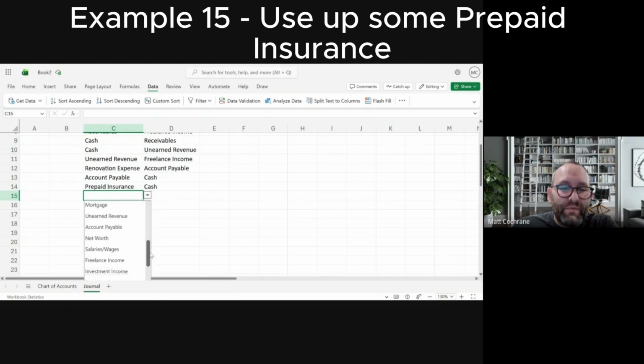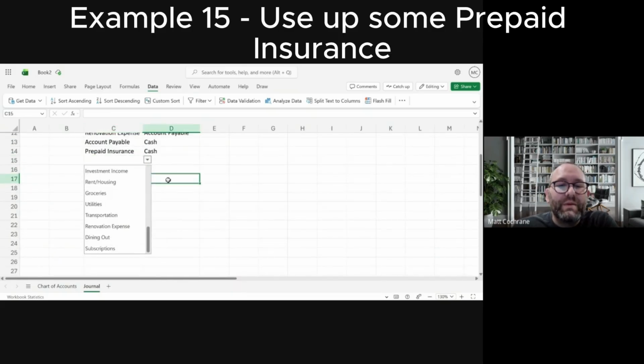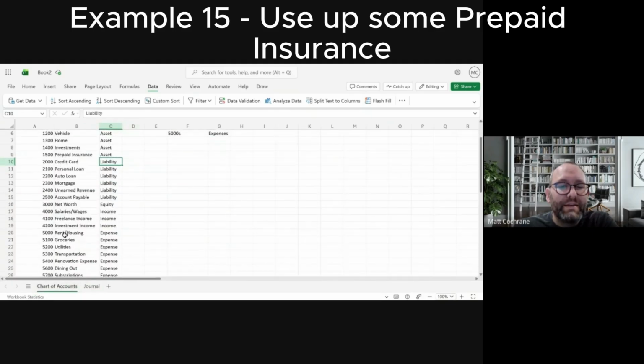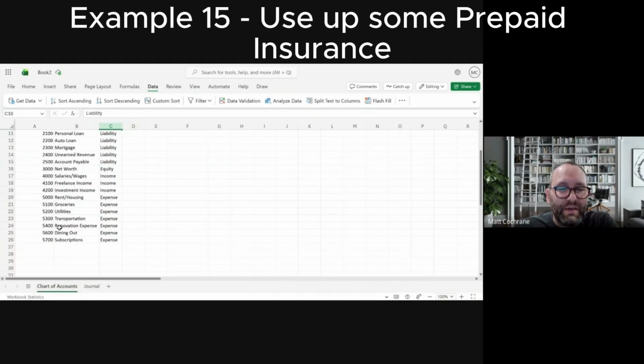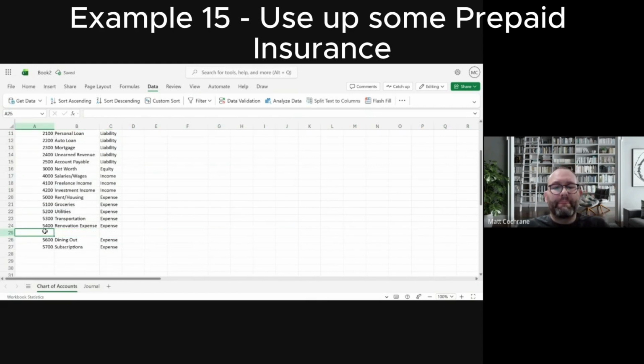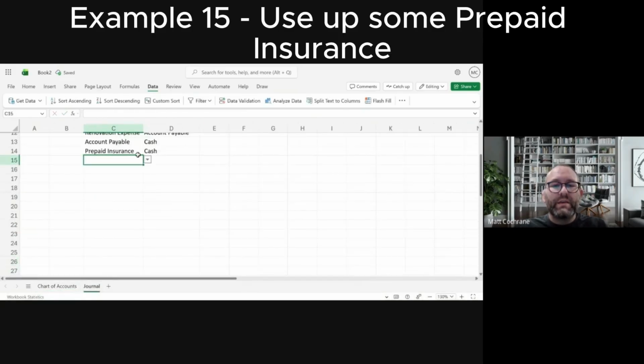if we have a prepaid insurance expense, or just an insurance expense, then we could just select it. Of course, we do not. So we want to go back to the chart of accounts. We're going to add this as an expense. So where can we add it? Let's add it to 5,500. So insurance expense, and it is an expense.